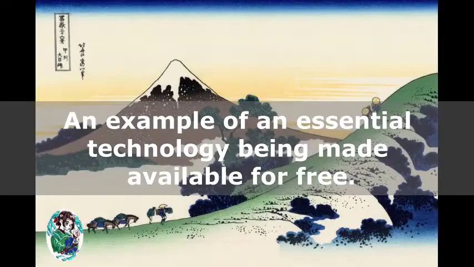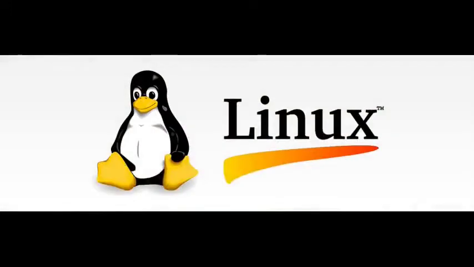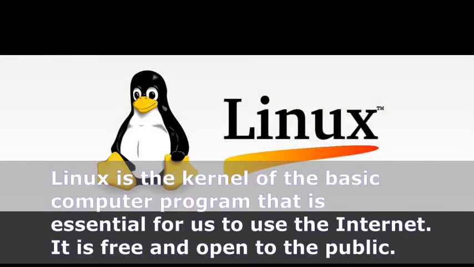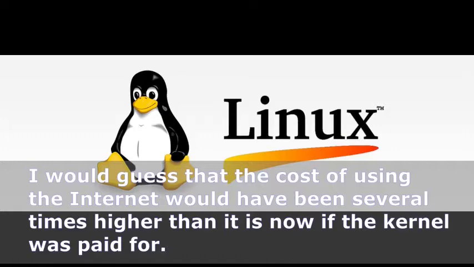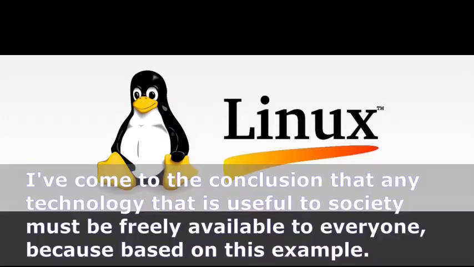An example of an essential technology being made available for free: Linux is the kernel of the basic computer program that is essential for us to use the Internet. It is free and open to the public. I would guess that the cost of using the Internet would have been several times higher than it is now if the kernel was paid for. I've come to the conclusion that any technology that is useful to society must be freely available to everyone, based on this example.